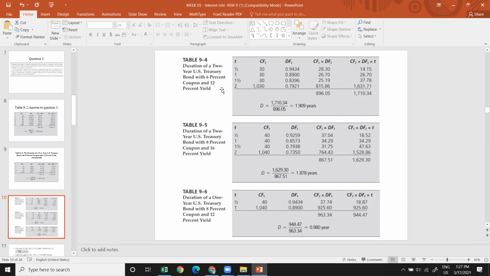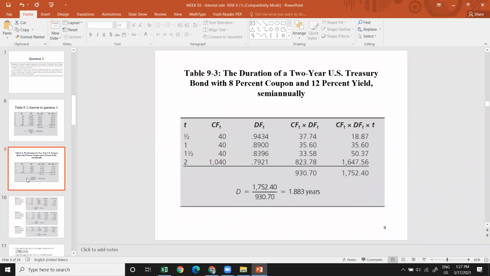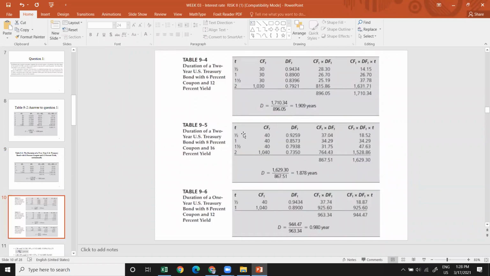And sorry, the YTM. We're changing the YTM. The YTM was 12% previously. Okay. And YTM 16%. And then we increase the coupon. And the number of the years reducing here.